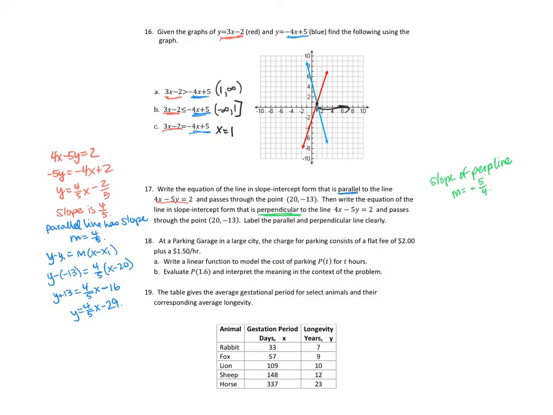perpendicular to. All right, so then again, I'm going to use point slope form. So y minus y1 equals m times x minus x1, and I'll use the same x1, y1 there.